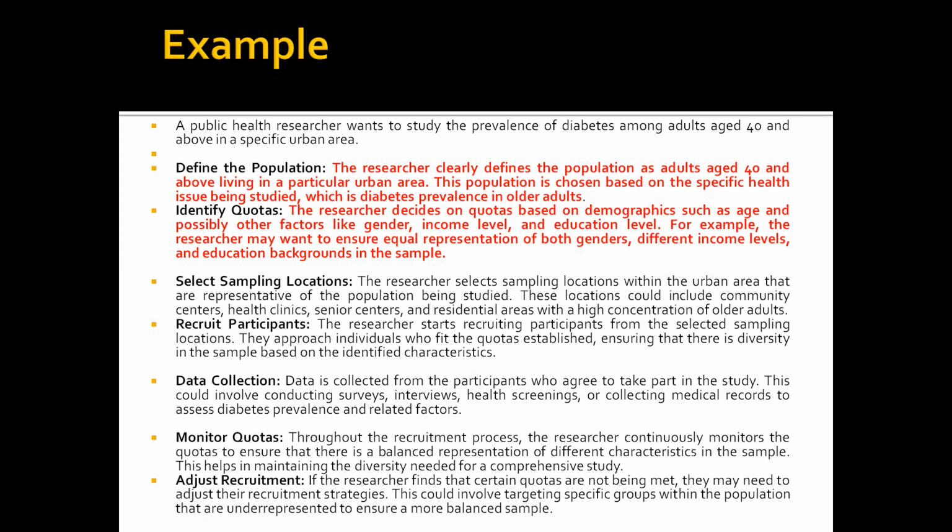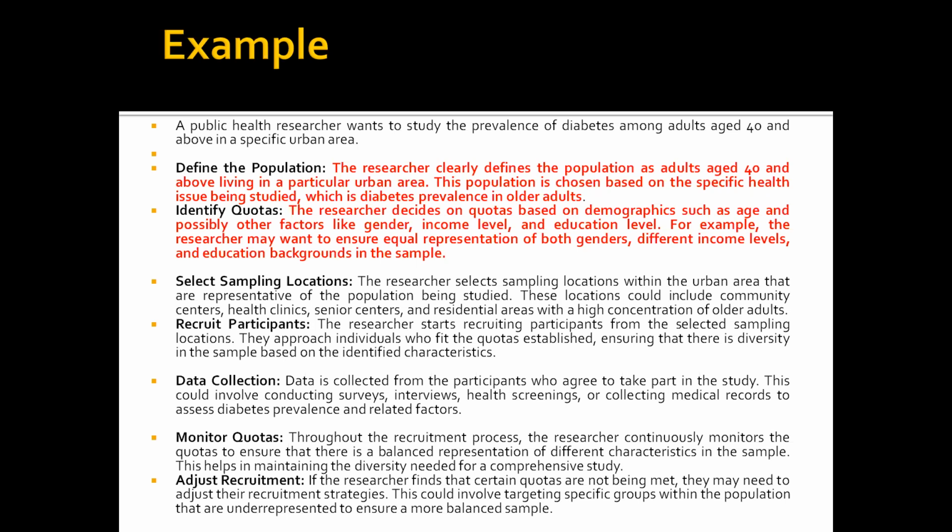Then the researcher recruits participants from the selected sampling location. He approaches the individuals who fit any of these quotas he has set, ensuring that there is diversity in the sample based on his identified characteristics. Then the researcher administers the questionnaire, or carries out the survey or interview, or even health screening or uses existing medical records to assess the prevalence of diabetes.